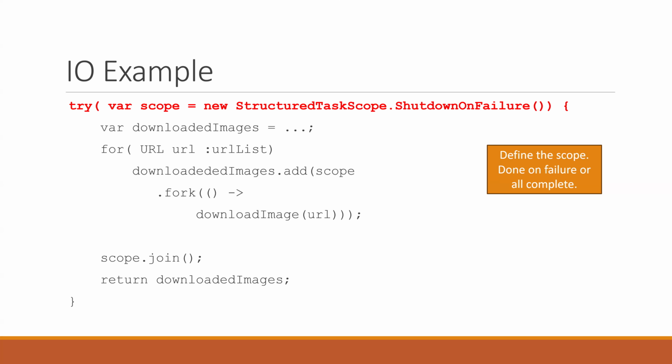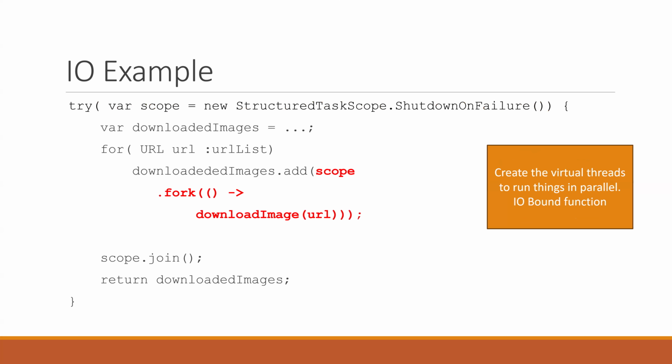Okay. Next thing I do is, if I want to spin up a virtual thread, I use the fork concept from the scope. And then I have it download images here. I have a list of URLs that I'm just going to download images from web pages. That's all this is going to do. Are they all going to come back at the same time?